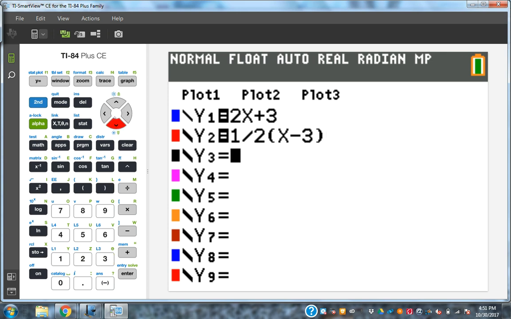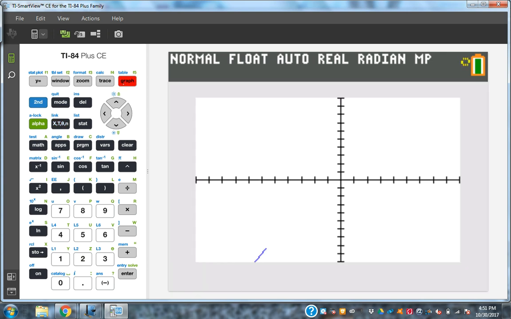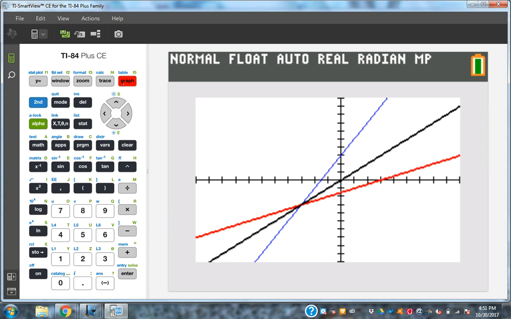And then I'm going to graph y equals x so I can see what line I'm supposed to be reflecting across. So here's our first one. Here's the second one. Here comes y equals x. Notice how they reflect across that.